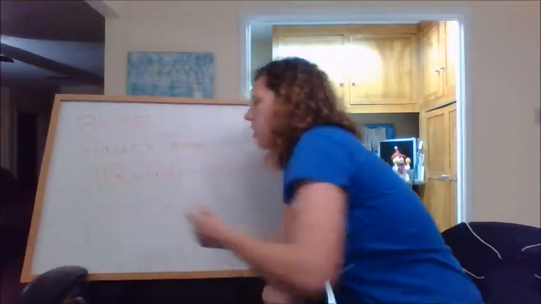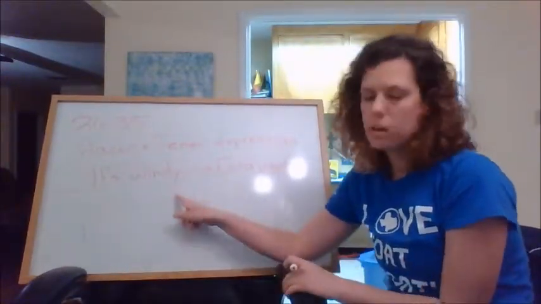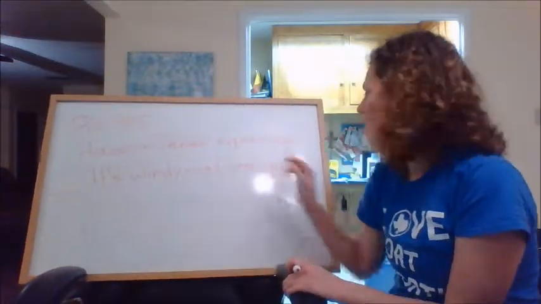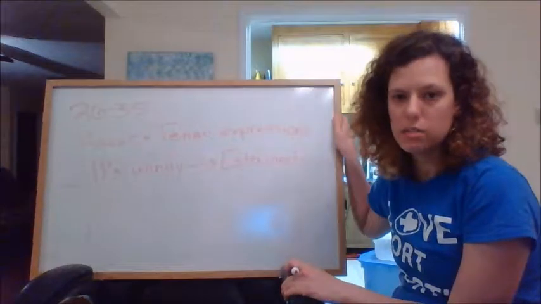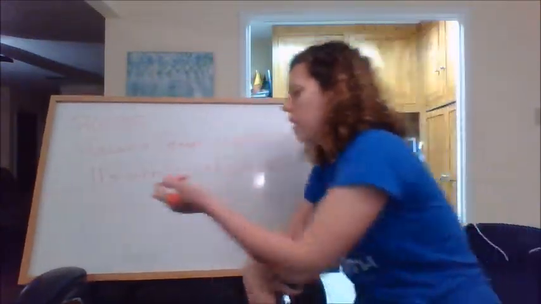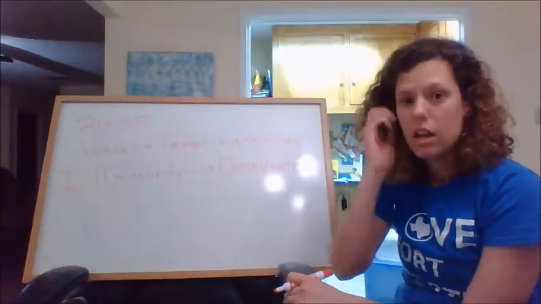So we'll have a blank right here, and then you write C or I. So what is it's windy? The expression is hace viento, not está viento. Okay? So in this case, this translation is incorrect. So you would write an I. Okay? So it's that easy.